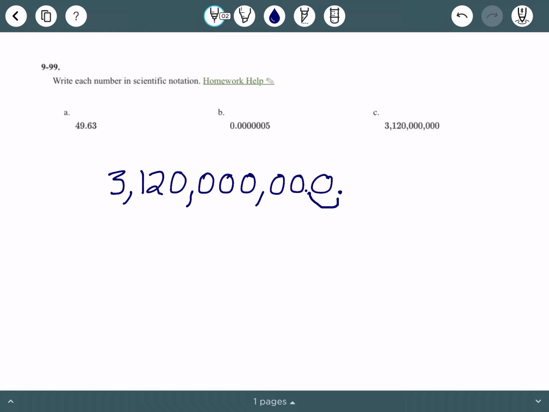So I'm going to go 1, 2, 3, 4, 5, 6, 7, 8, 9. Now, 9 places would give me a leading digit of 3.12. So now that I've got my leading digit of 3.12, I know I'm multiplying by a power of 10. Now the question is, what is my exponent?